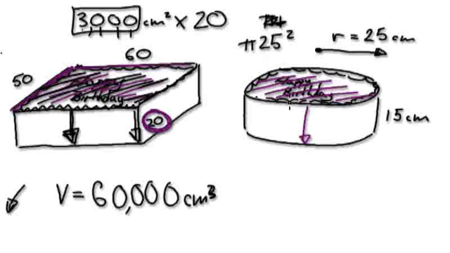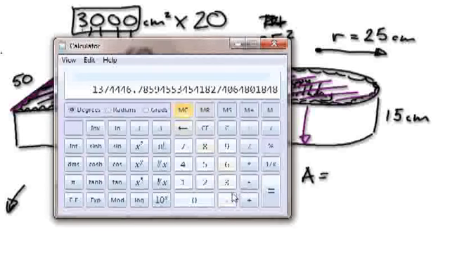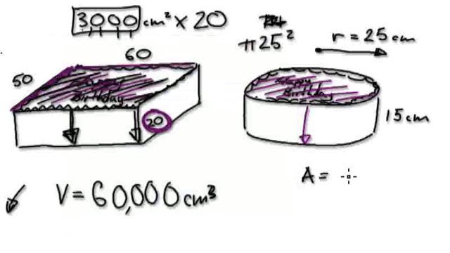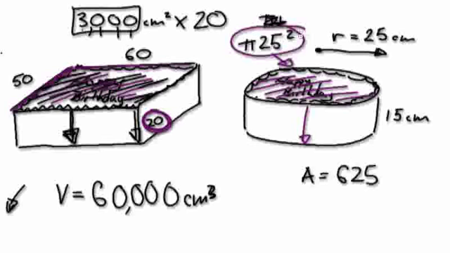Okay, so the area at the top is what's 25 times 25? 25 times 25 equals 625.